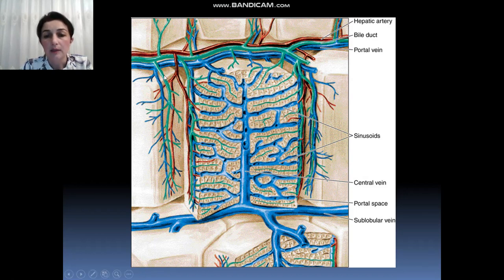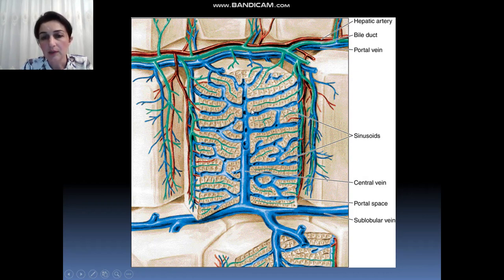Then let's look at these plates. Pay attention. As I told you, a plate includes 2 rows of hepatocytes. That is one plate, that is another one. Inside of these plates, between the lateral surfaces of hepatocytes, we will see green-colored bile canaliculi.